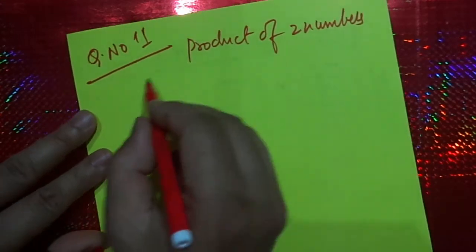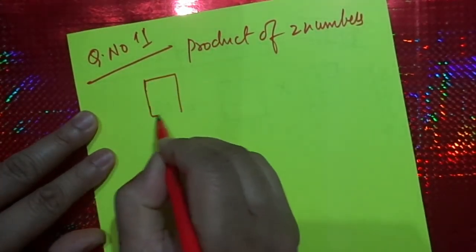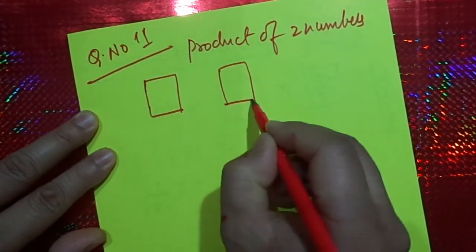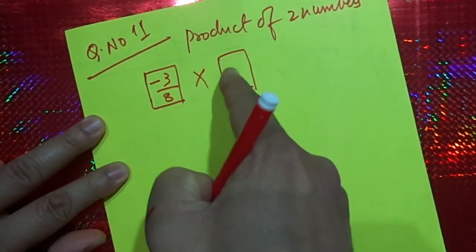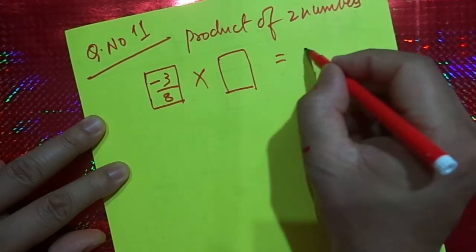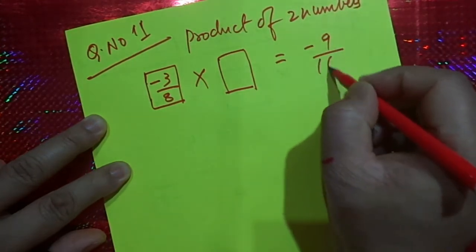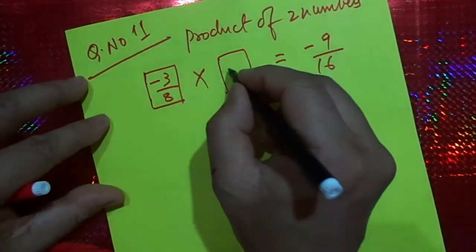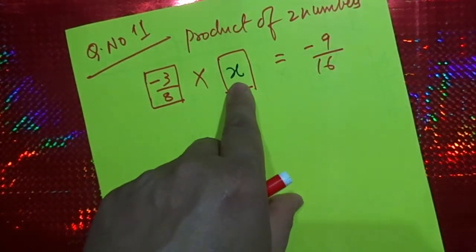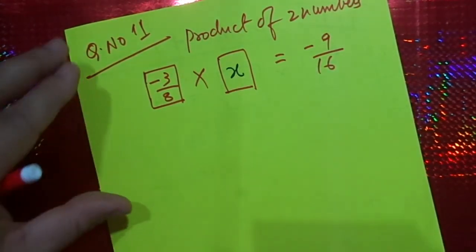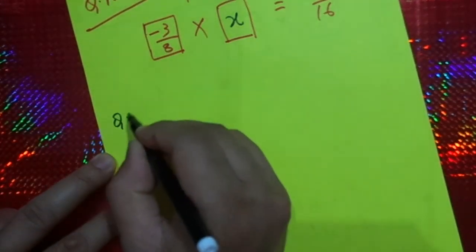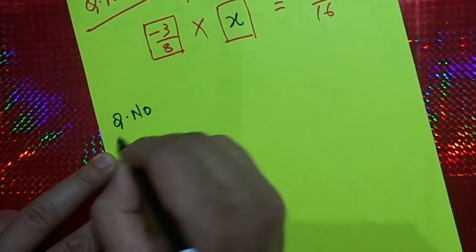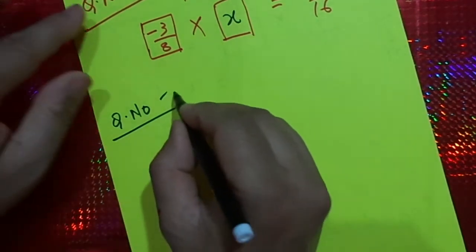They say that the product of these two numbers, in which one of them is minus 3 by 8, other we do not know, is equal to minus 9 by 16, and this number should be taken as x. I hope you can do it yourself. Say yes sir, yes sir.